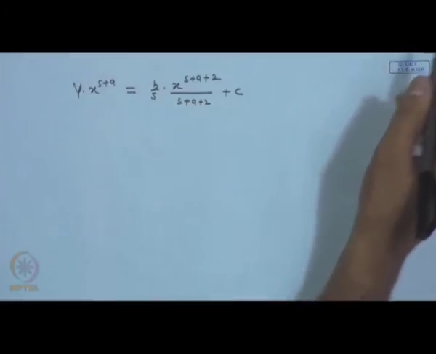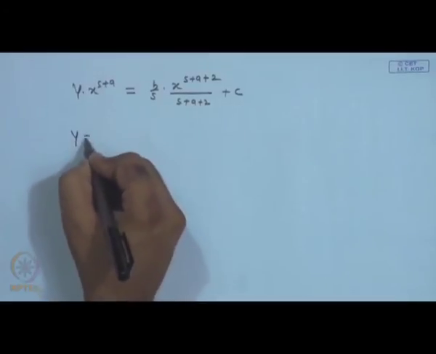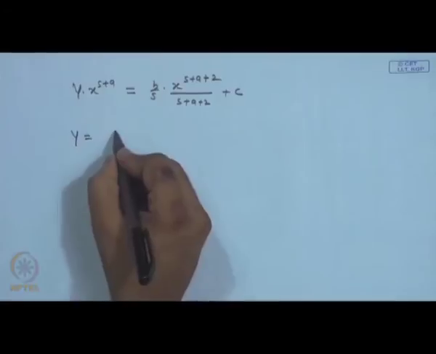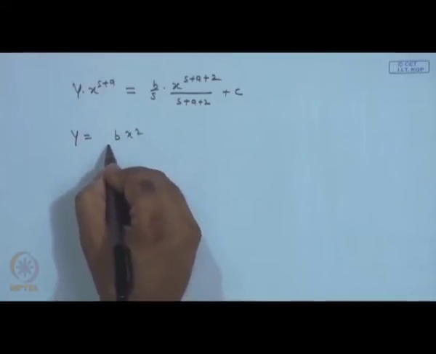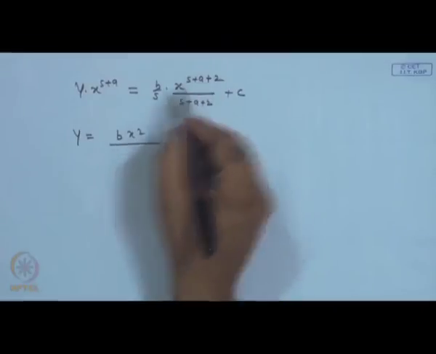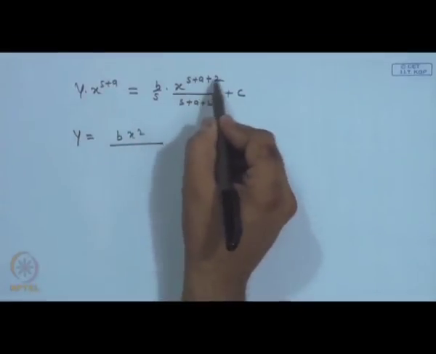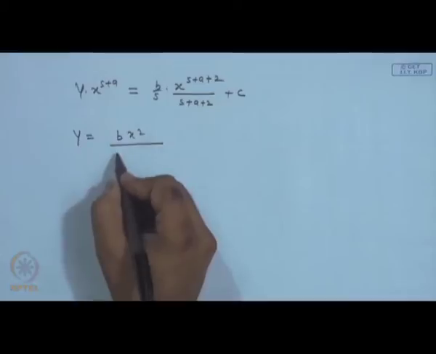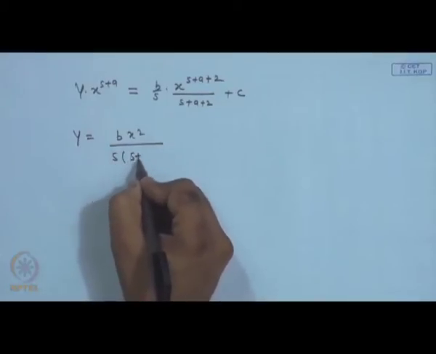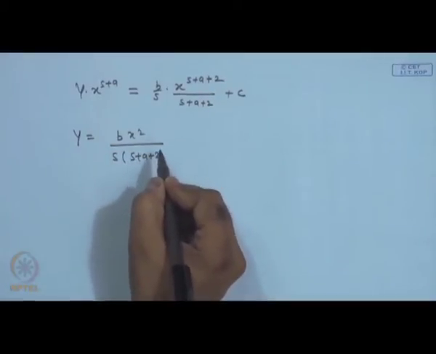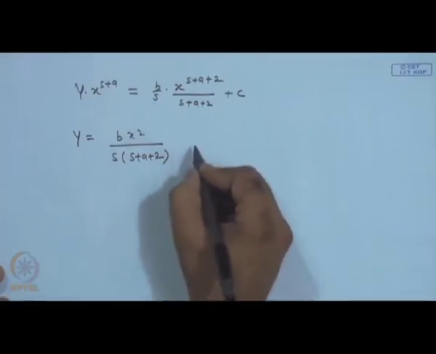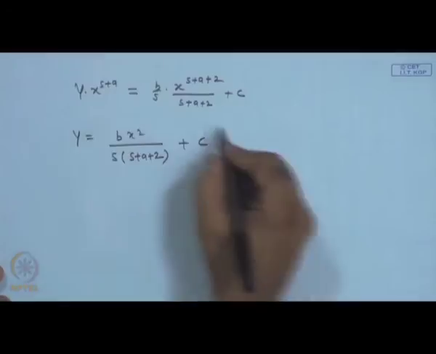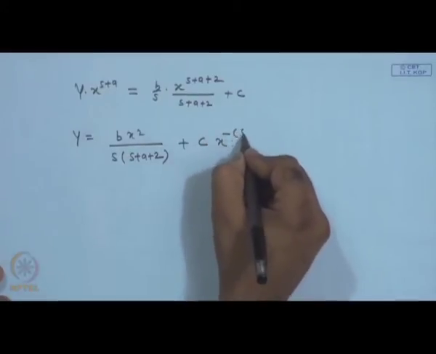Now, what we do here, we can take b over b x square over s plus a. So, this square term will be left: b over s and s plus a plus 2, and then we have the c term and x power minus s plus a.